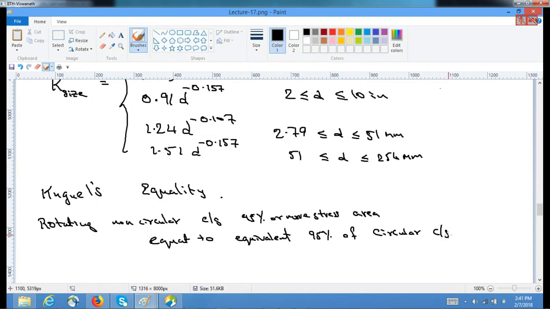This circular cross section can again be two types: one is rotating and the other non-rotating.